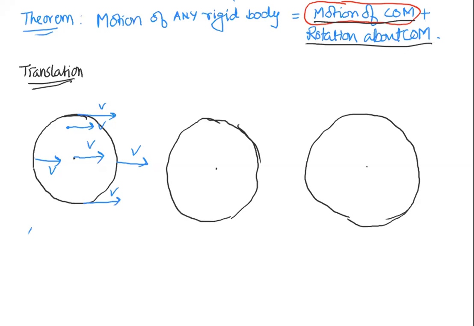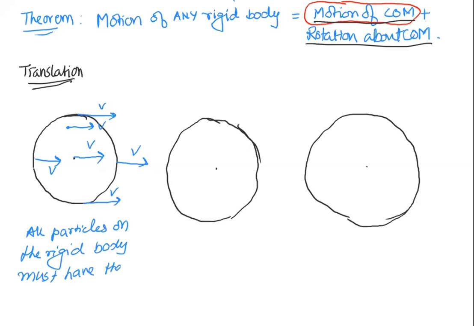I'll just write it here. All particles on the rigid body must have the same velocity or acceleration as that of center of mass.